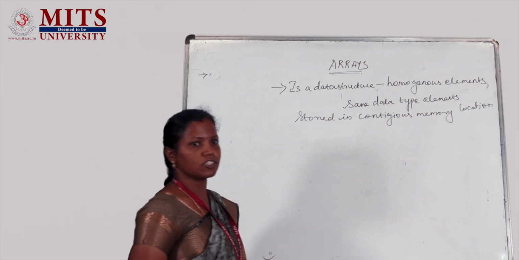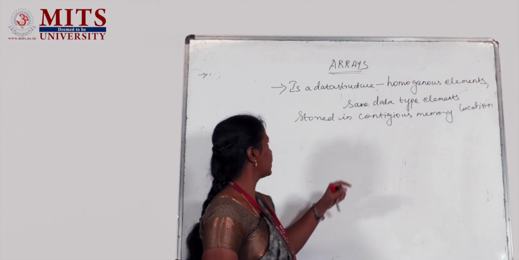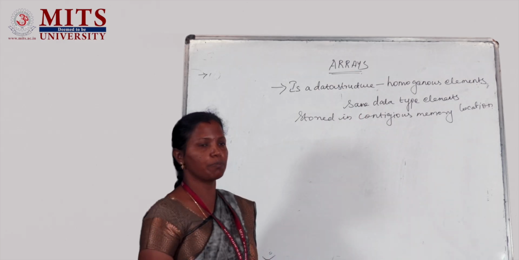So array is a data structure which consists of homogeneous elements, meaning that it consists of elements of the same data type and which is stored in a contiguous memory location.